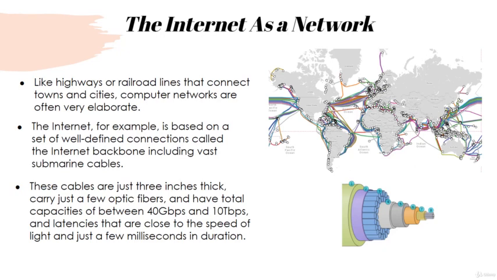Now, as you can also see, there's some areas that don't have as many cables and connections, which lack some sort of internet connection, right? And so when we look at these cables here, it's very interesting that they are just 3 inches thick and have a total capacity of between 40 gigabits per second and 10 terabits per second, and latencies that are close to the speed of light, in just a few milliseconds in duration.